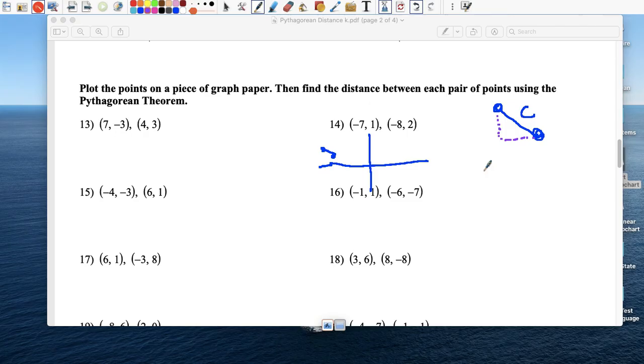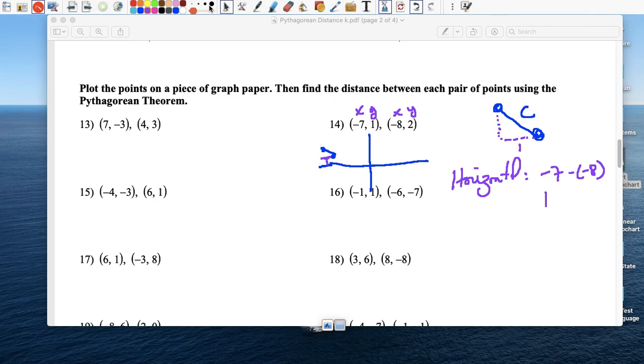So for that one, I'll separate this. Here's my horizontal value. My horizontal value is going to be the difference between the x values. So here's my x and y, x and y. You subtract negative 7 minus negative 8, and it's going to give you positive 1. So the horizontal value right here is 1.